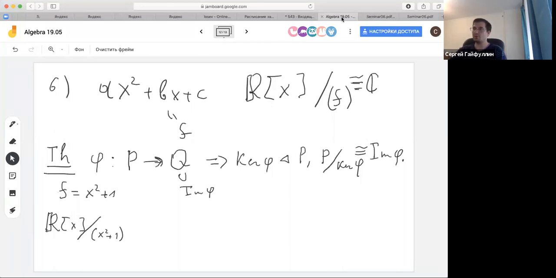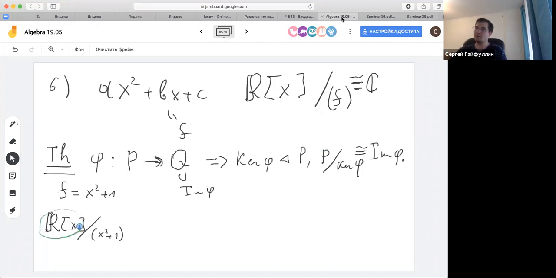So if we want to obtain this ring, what should P be? Since we obtain the factor of P, then P should be this one.